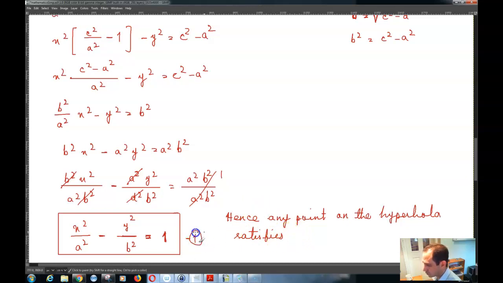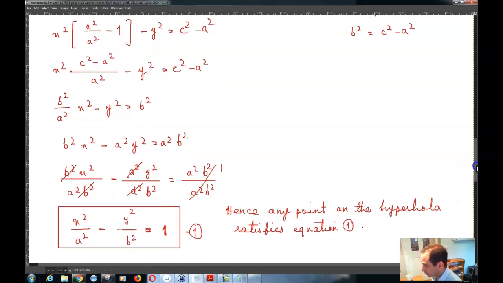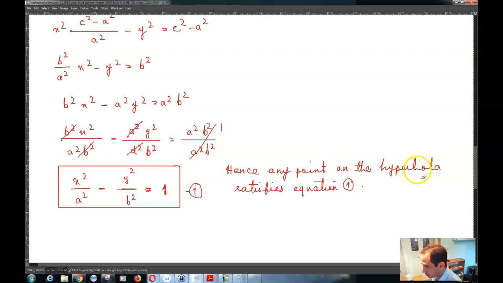Let's say, equation number 1. Now, what we have shown so far is that if any point is on the hyperbola, it's going to satisfy this equation.